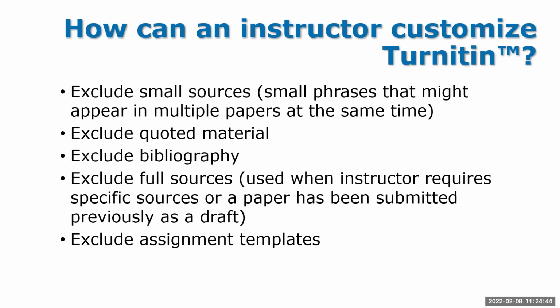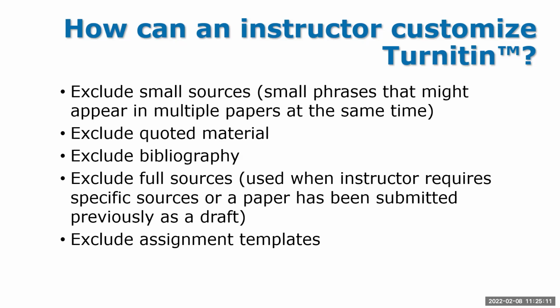And if an assignment has a template of some sort, the professor can upload the template and say, exclude all these words that make up the template. And that could be a form, or it actually could be a group of words that have to be in it. A lot of times lab reports might have specific words that need to be included, and it's in a template of some sort.